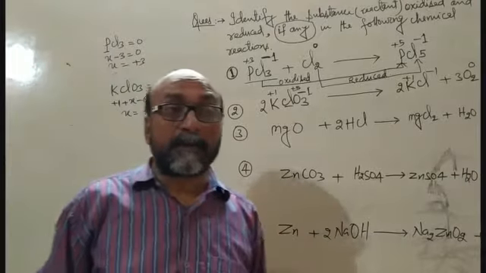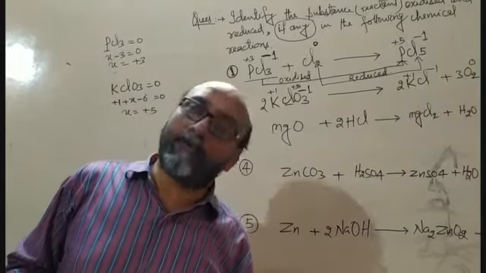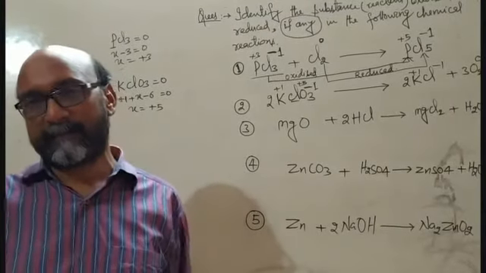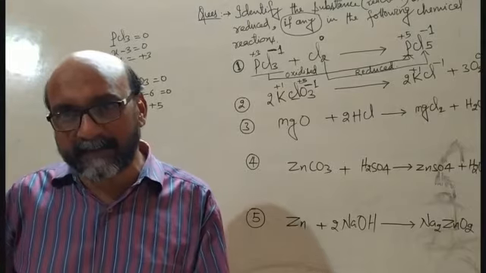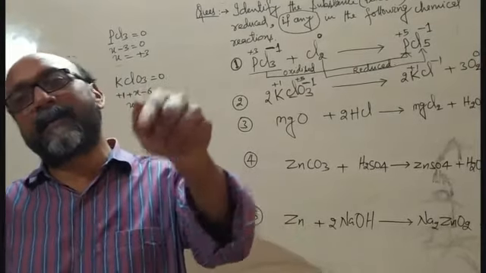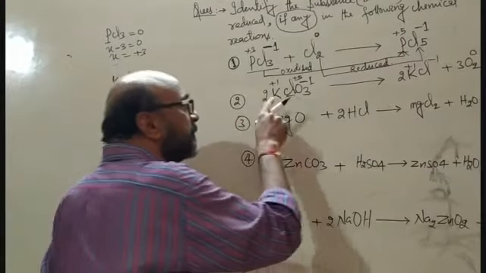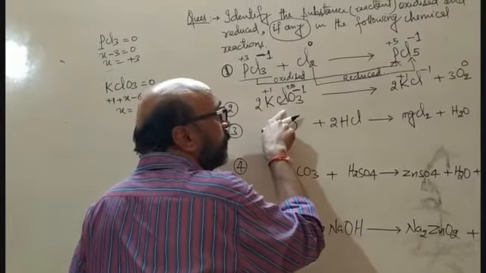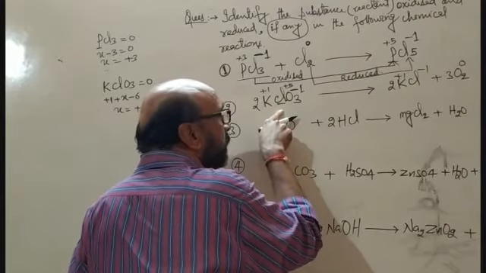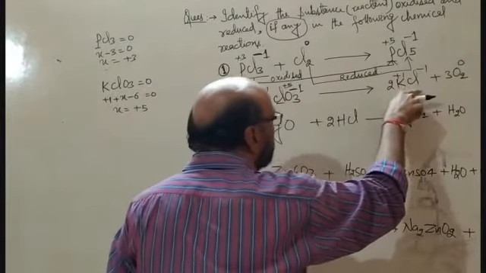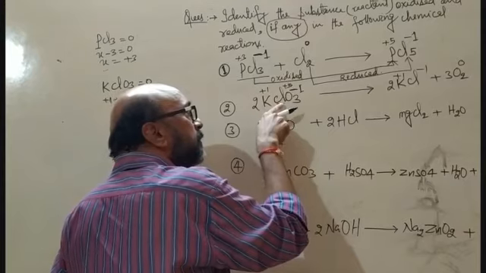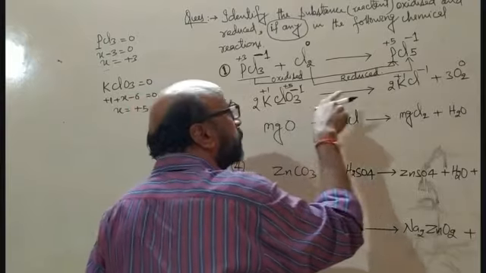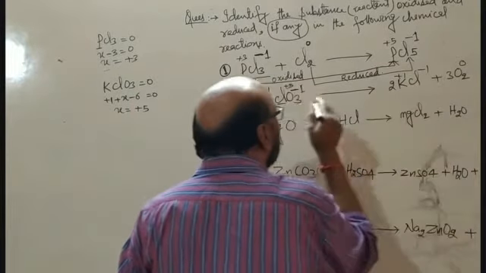Now, this is another kind of redox reaction in which the same substance undergoes oxidation as well as reduction. Here KClO3, a part of KClO3 is reduced, in which the oxidation state of chlorine is changed from plus 5 to minus 1.